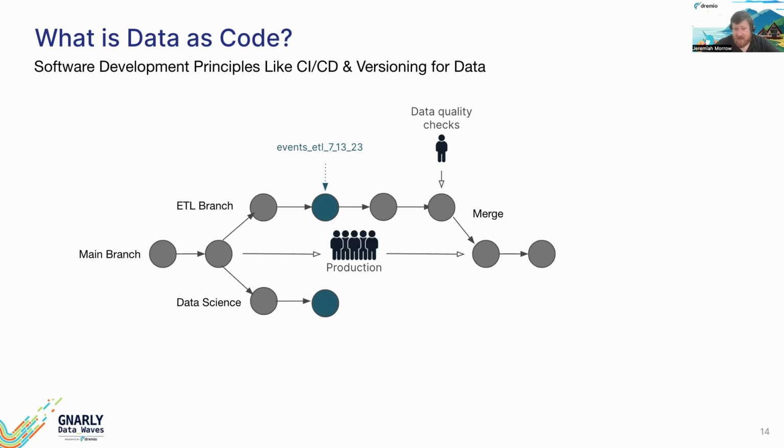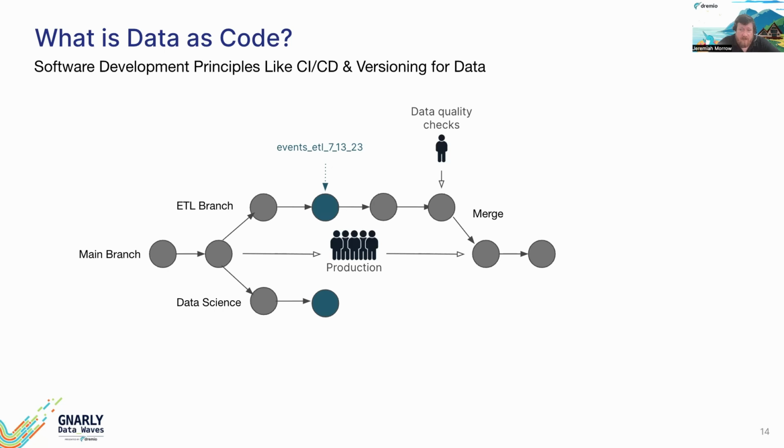Every step of this process is visible through a commit history. I can use tags to call out specific commits. That's those green bubbles there. And all of the work is done, again, no copies, and my users don't see any changes to the data until I merge the ETL branch with the main branch.